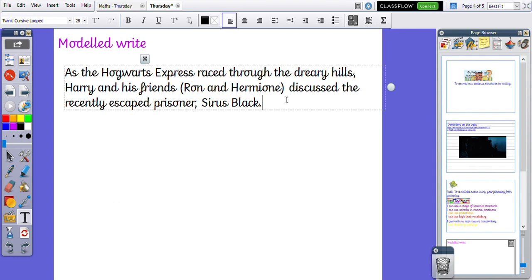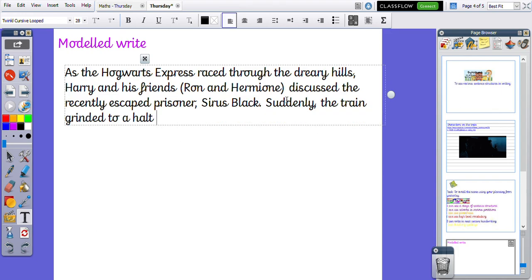Okay, suddenly, so I'm using a fronted adverbial, the train grinded to a halt. So that means it stopped, and the air turned bitter. So and is one of my fanboys, so I've got a compound sentence.